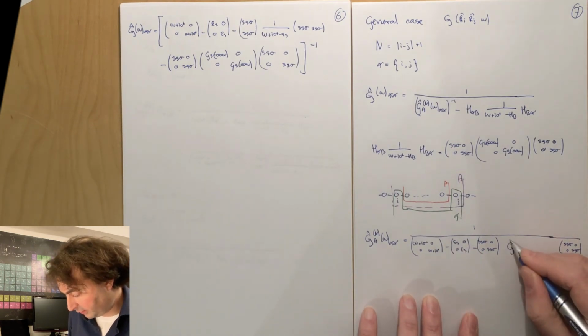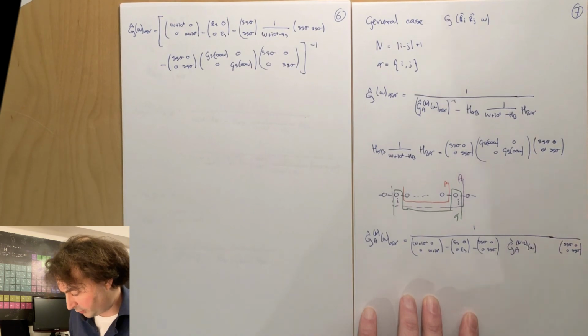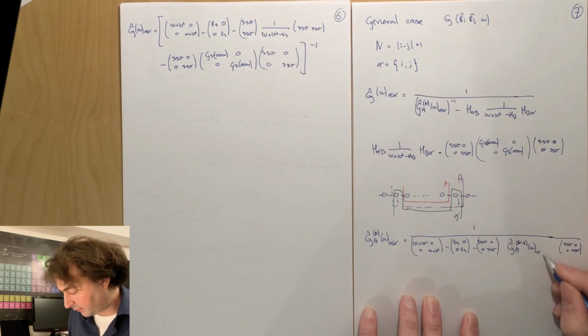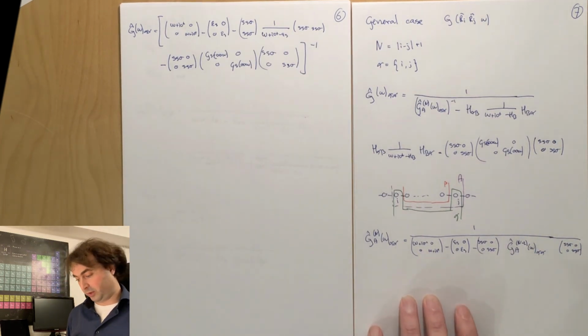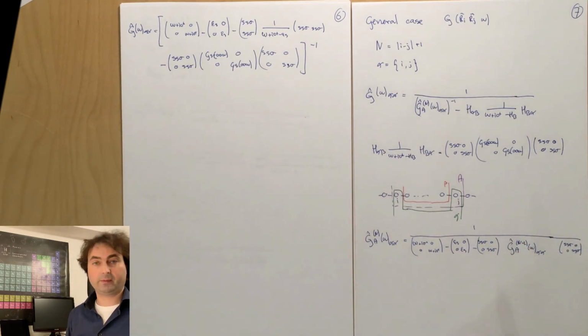So what we have here is the propagator of a finite length chain of length n minus 2 as a function of frequency, and we add or remove a particle from the endpoints. So we just reduce the length.